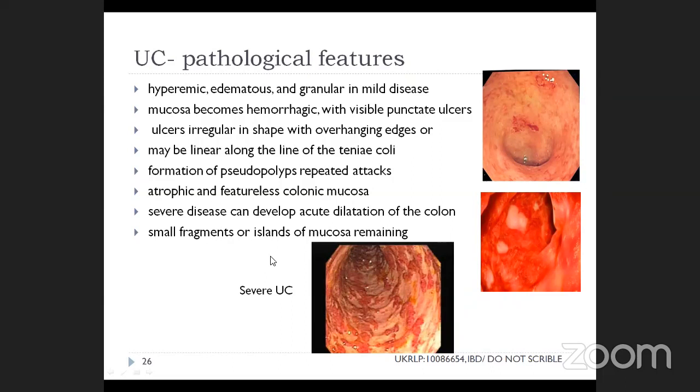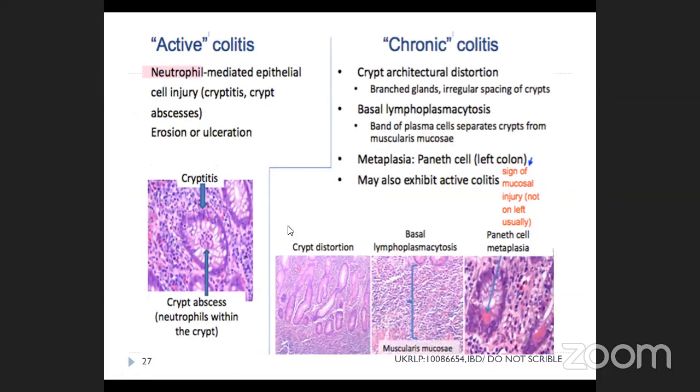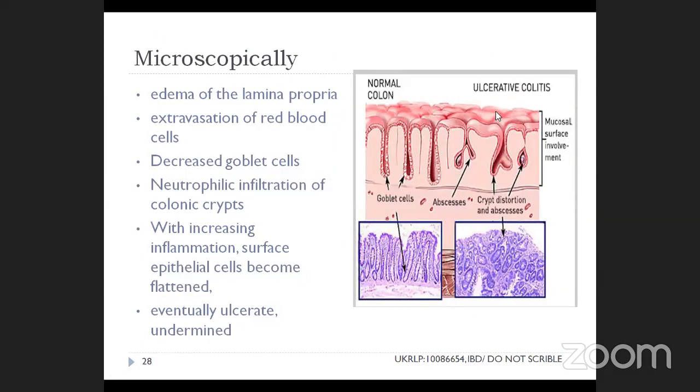In the pathology slide, we can see cryptitis with crypt abscess with neutrophils within the crypts. When the patient has chronic colitis, there can be lymphoplasmacytosis, or plasma cells, in the muscularis mucosa, and there is a distortion of the crypts in the intestinal wall. I'll show this in the next picture. So this is ulcerative colitis. This is the normal colonic picture with the ulcerative pictures on the side.